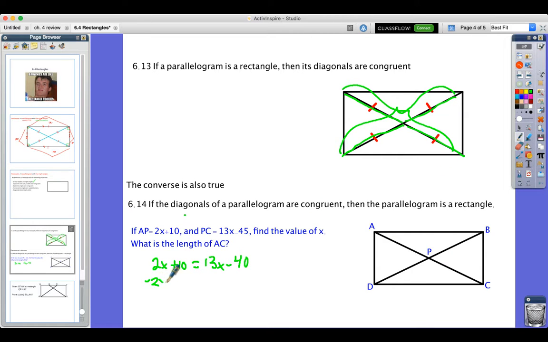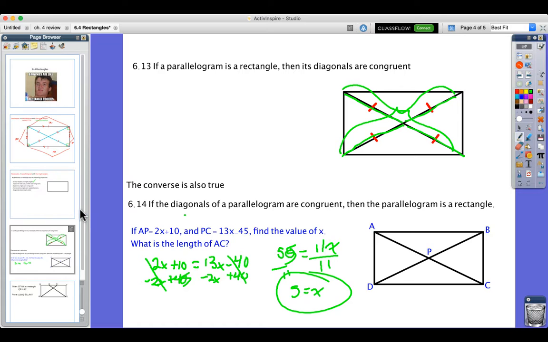So minus 2x, plus 45. We're left with 55 equals 11x. Divided by 11, 5 equals x. All right.